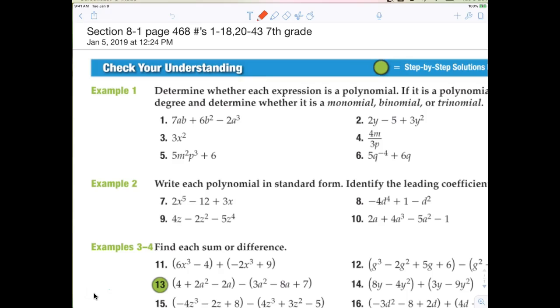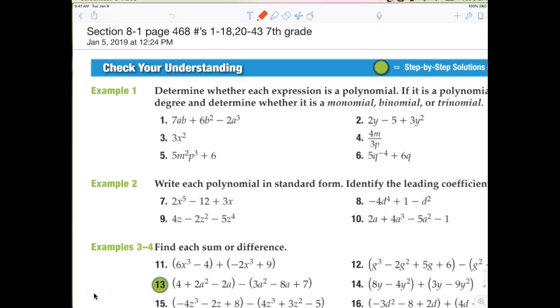So number one is called a trinomial because there are three separate terms: 1, 2, 3. It is a polynomial because all of the variables are raised to powers that are whole numbers.